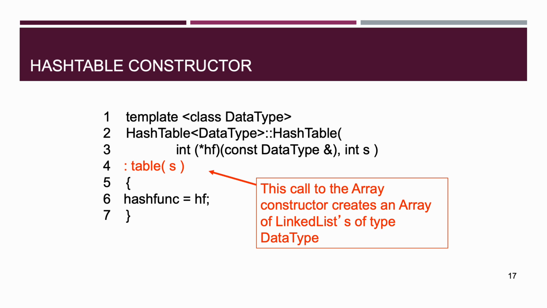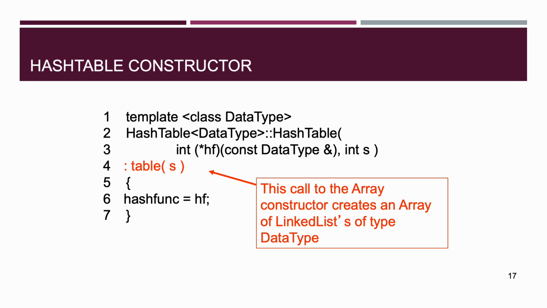In the parameter list, we have integer, HF, then constant data type, and then integer s. The first parameter, the function pointer, represents the hash function that the client passes in. It takes a data type reference and returns an integer, which we will use as the hash index. And then second, the integer s is the size of the hash table.